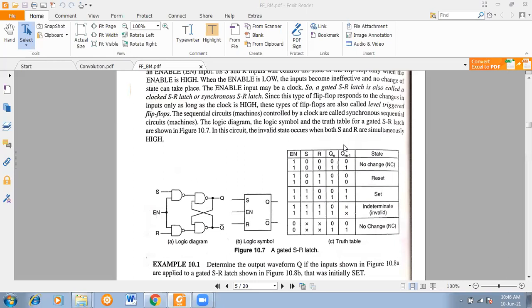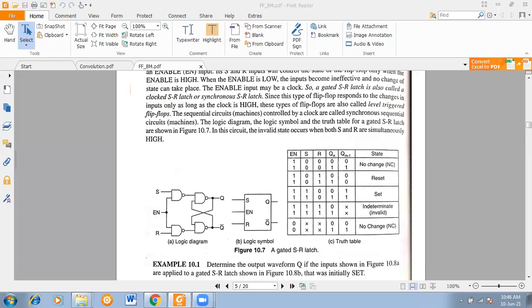So here, what we have seen in the case of SR flip-flop: if clock is present, enable input is present, and S and R both are low, then what happens? Your output never changes. It will remain at its previous state. There is no change condition.